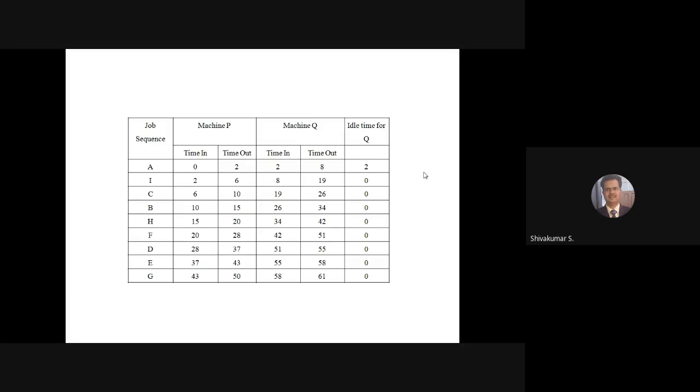Machine Q, time in, time out. And make one more column, the last column, to find the idle time for Q only, not P. Because P is the beginning machine, Q the second machine in the order of P, Q. So you are finding the idle time for only machine Q. Machine P, I'll let you know how it comes later.